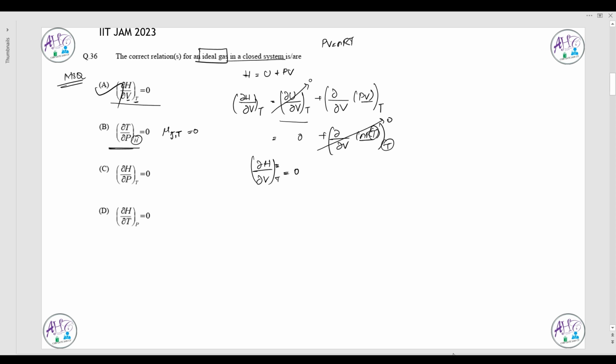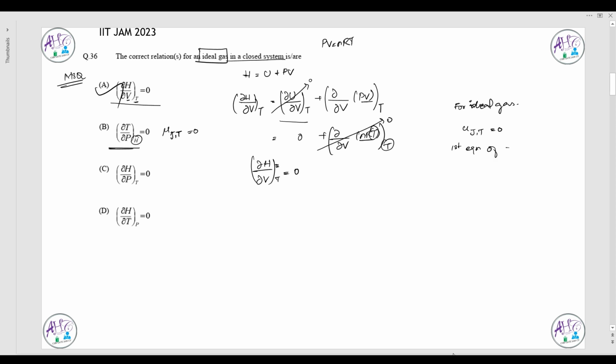Okay, so basically ideal gas la there are few equations, for example, your mu JT. எப்பெல்லாம் வந்து values equal to 0 இருக்குன்னா for ideal gas, your Joule-Thomson coefficient is going to be 0 and your first equation of state.